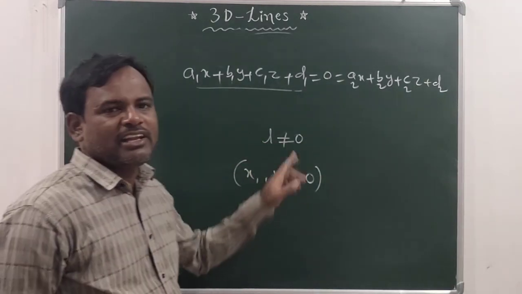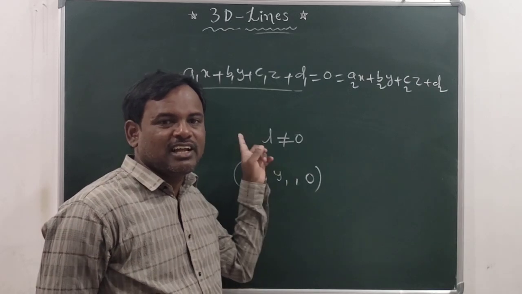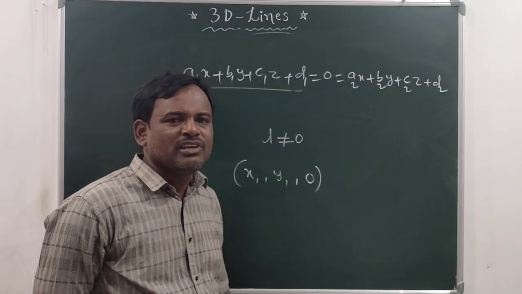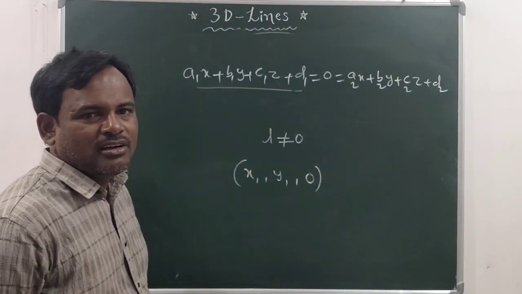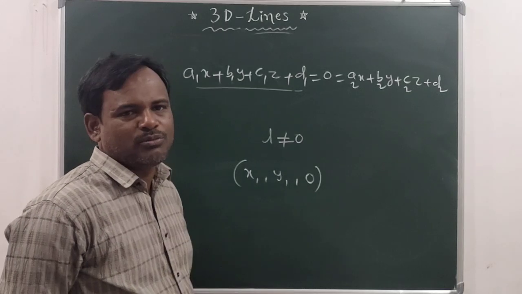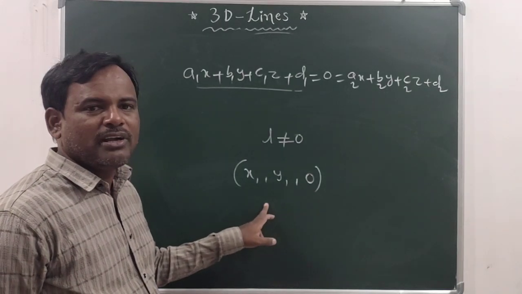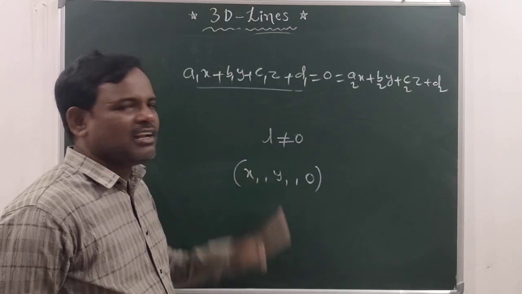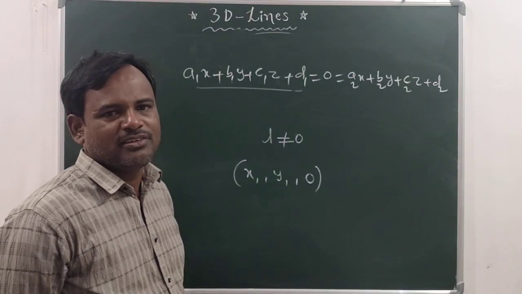So I have taken L is not equal to 0, which means that this line will never be parallel to xy plane. Now I took a point on xy plane. On the xy plane, you know z value is 0. So this is the common point of xy plane and the line. But we require a point on the line. We have identified.